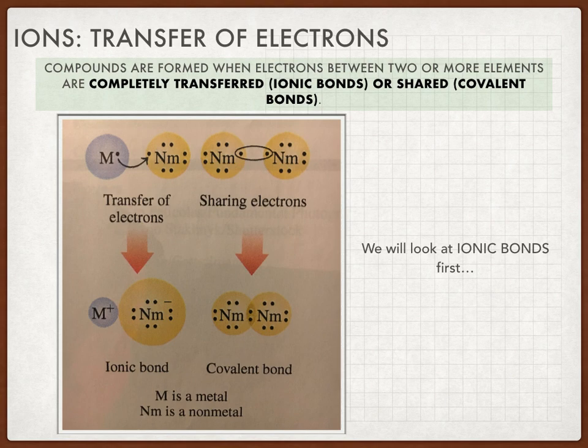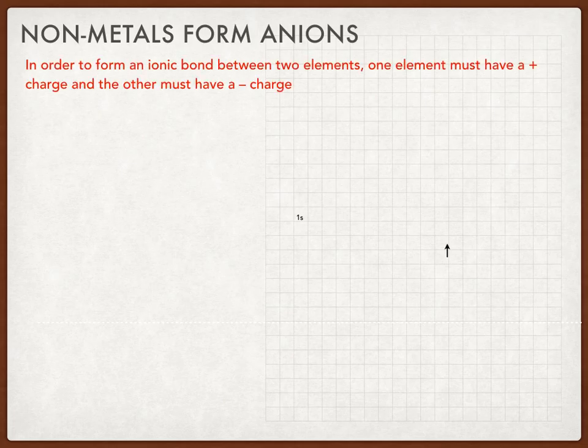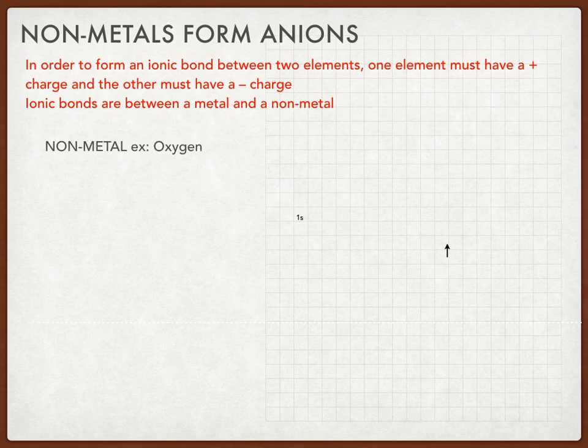So like I said, we're going to look at ionic bonds first. Okay, so nonmetals form anions, right? In order for an ionic bond to form between two elements, one element must have a plus charge and the other must have a minus charge. Ionic bonds are between metals and a nonmetal.